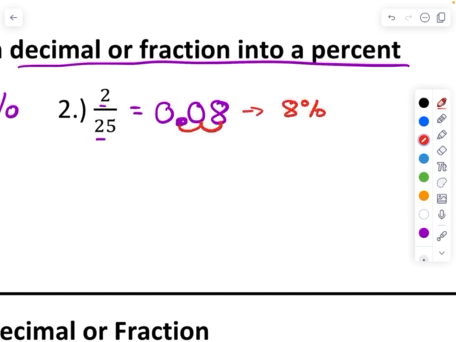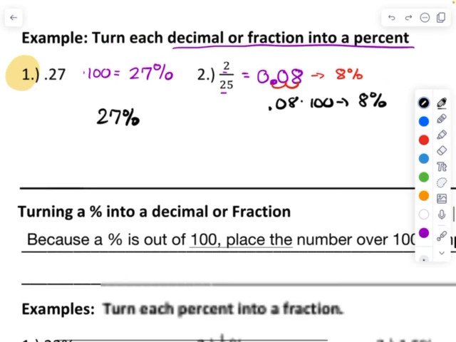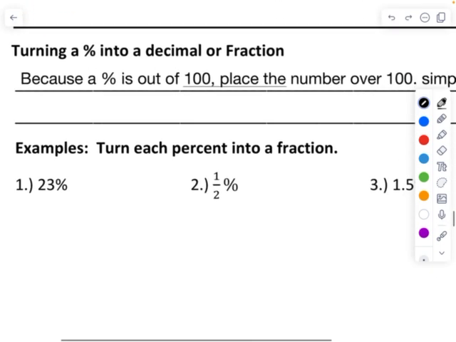So 1, 2, I now have 8%. Or if you did 0.08 times 100, you still get 8%. You must make sure you have the percent label. 8 is different than 8%. All right, that's turning a decimal or fraction into a percent.